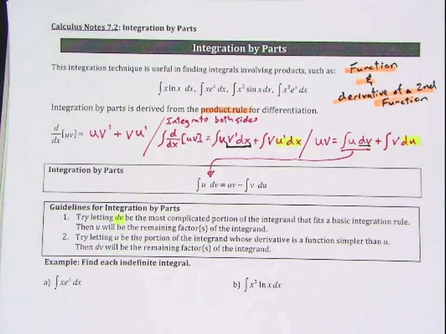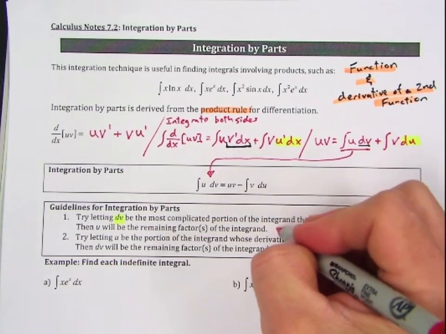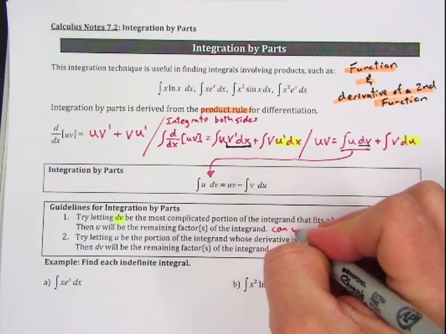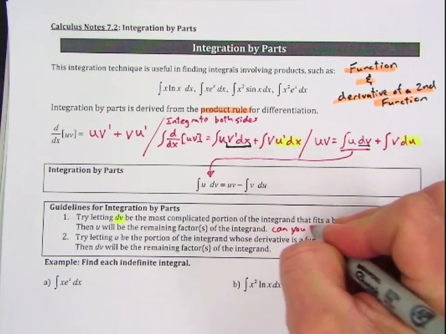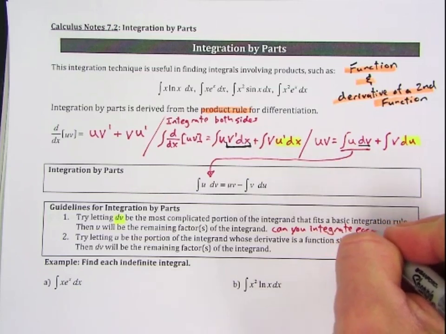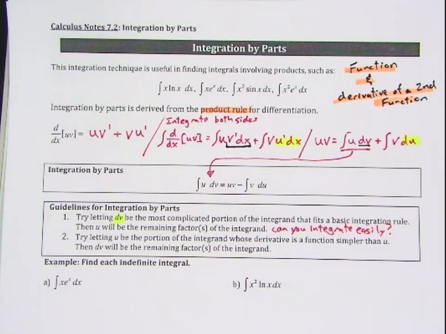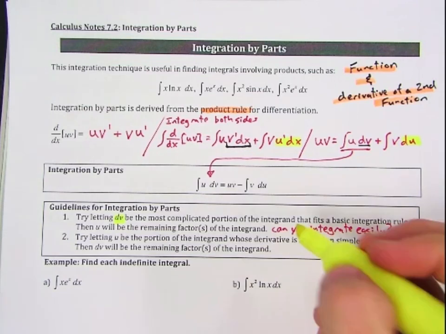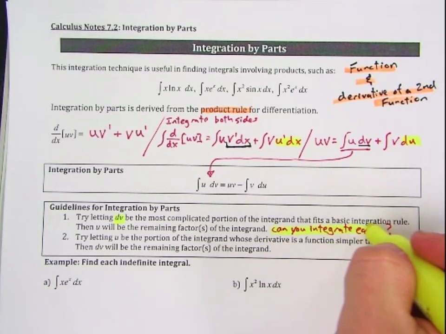So basically, what you're going to be asking yourself is, for dv, can you integrate easily? Okay, so when you're picking dv, can you integrate dv easily?